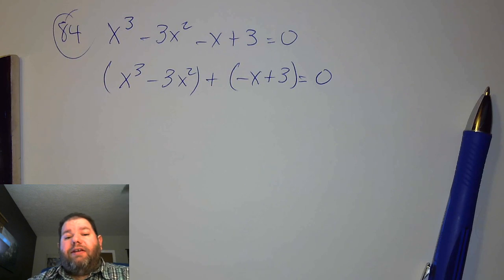Now again, what really signifies us to use factoring by grouping is that we have 4 terms in our equation, and we have x cubed being first. It's a 4-term polynomial, and it's a cubic polynomial as well. In this scenario, as long as there's no common factor between the 4 terms, we should just move forward with the factoring by grouping.